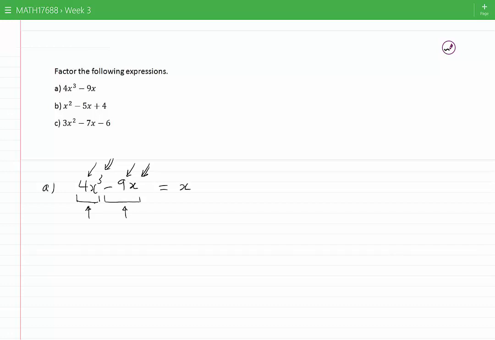If I factor an x from the first term, I will be left with 4x squared. And if I factor an x from the second term, I will be left with a minus 9. By a close look at the resulting expression, I realized that I can rewrite this part of the expression as the difference of two complete squares.